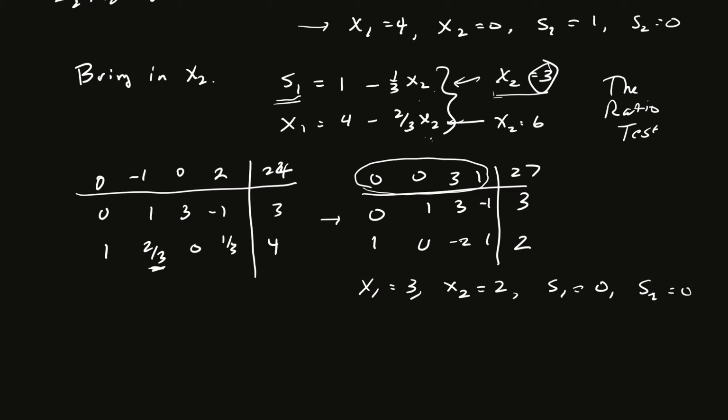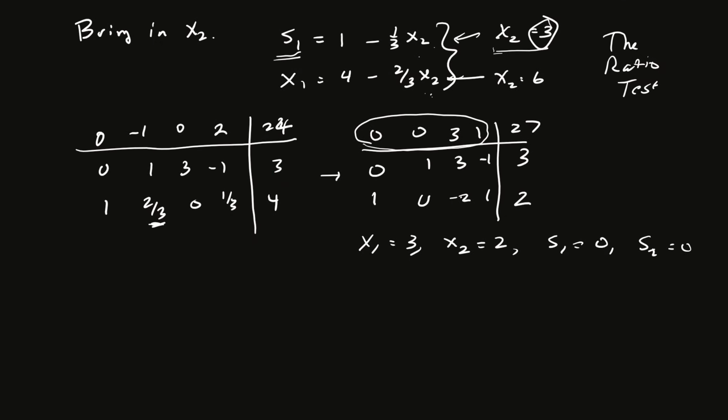So actually, this is telling me to stop, because I cannot advance, or I cannot make my z value any better. So let's see why. Because we have z plus 3s1 plus 3s2 is equal to 27, or you could write z equals 27 minus 3s1 minus 3s2.